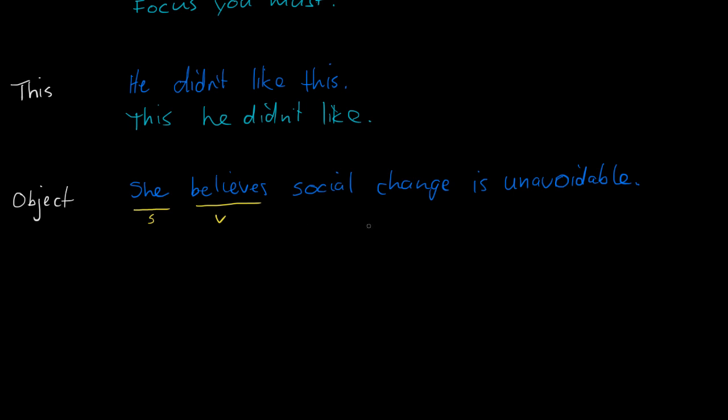Now, social change is unavoidable is a slightly trickier piece. I mean, you would think you have an object, but possibly you have a complement. And you obviously have another be verb here as well. So it's a bit trickier. And in this case, when you front, you will end up with this social change.